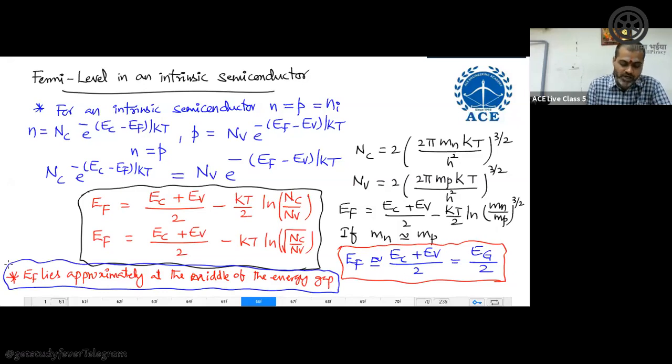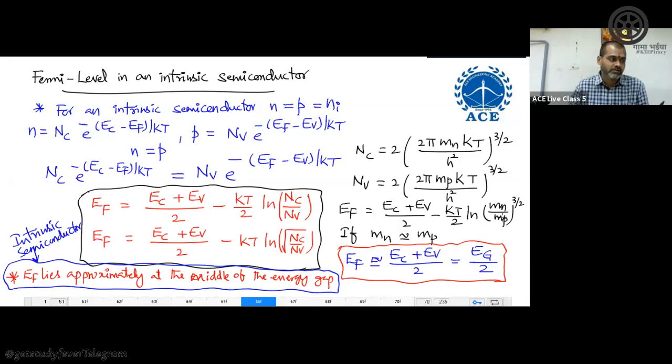In general, this is the equation that we have derived. Specifically, when we apply it to an intrinsic semiconductor material, you can say mn is approximately equal to mp. If they are not the same, then there will be a difference. But in our discussions, whenever we consider an intrinsic semiconductor material, it is going to be at the middle of the energy gap.